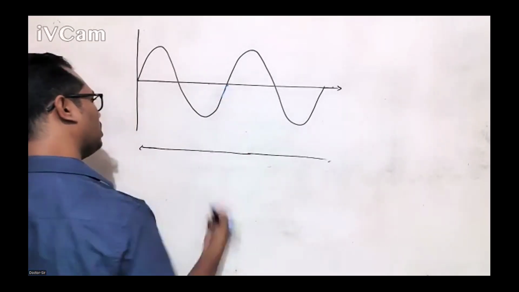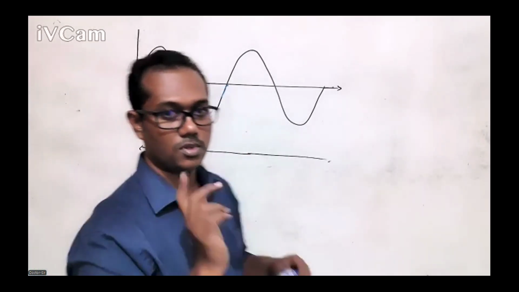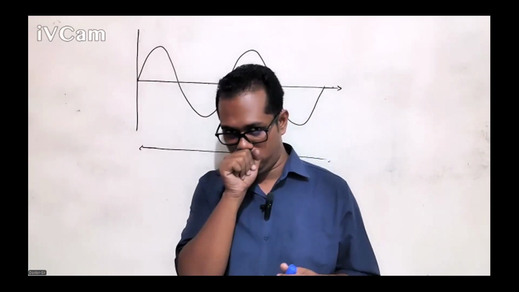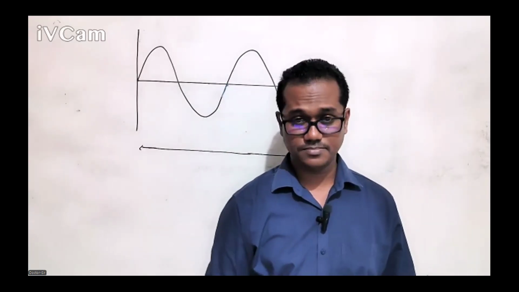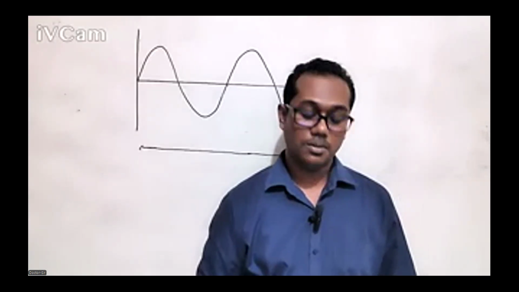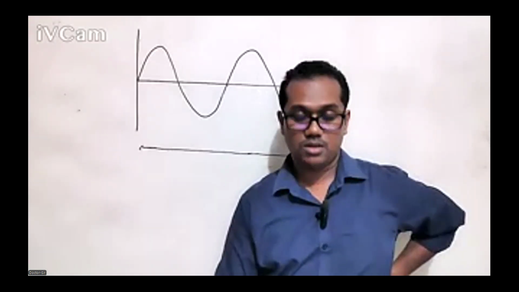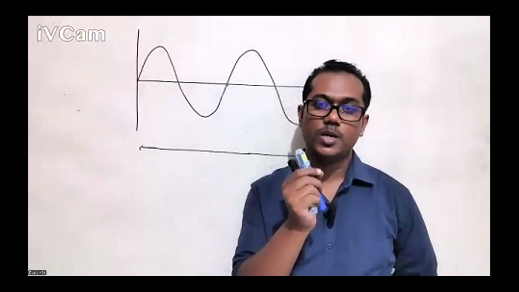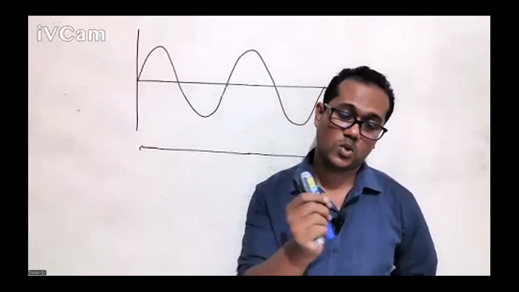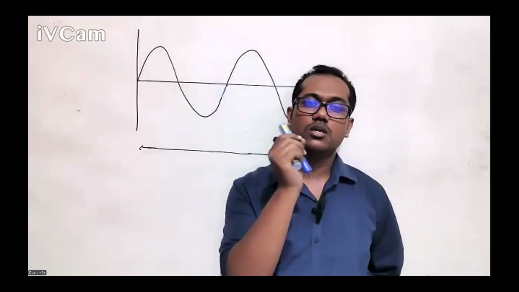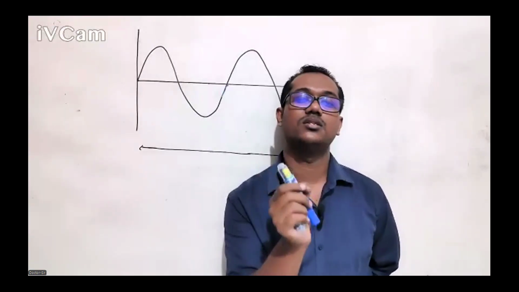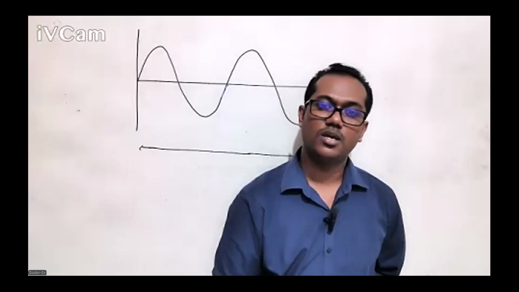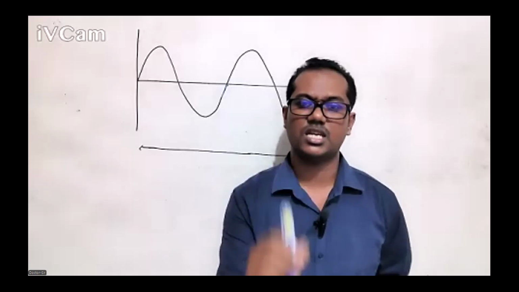Now, frequency. Frequency is how many complete wave cycles per unit time. That means per second. How many complete wave cycles form within unit time, that means per 1 second?